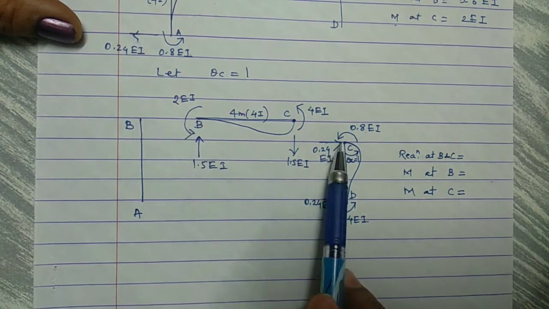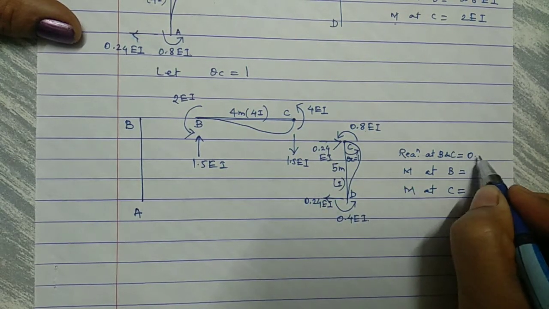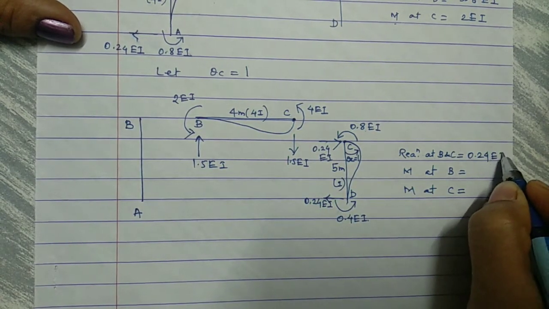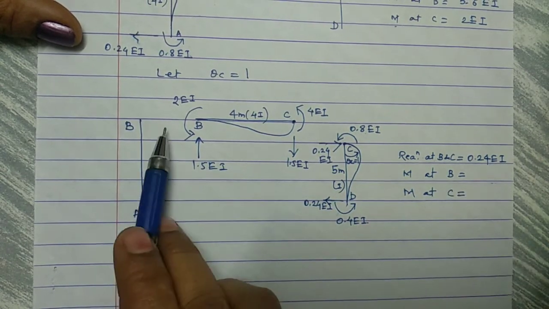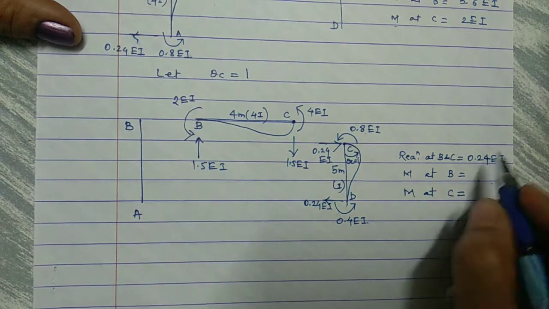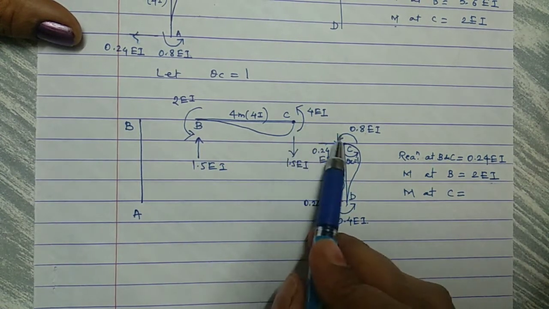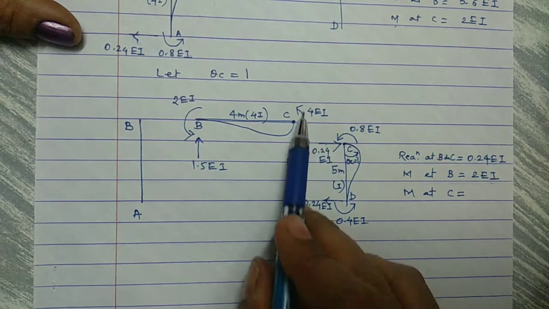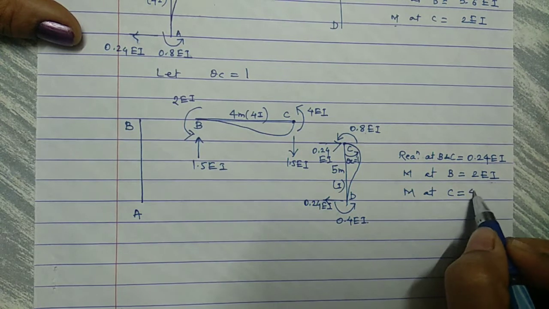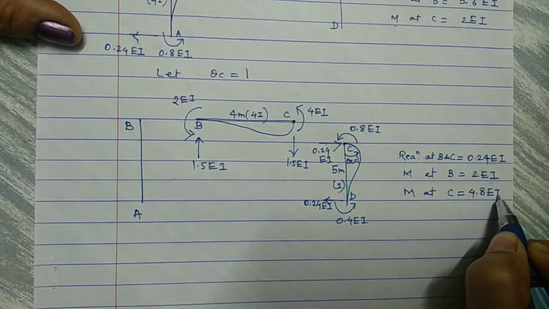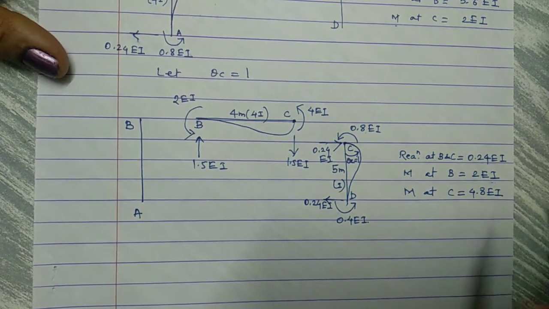In this figure, this is the only reaction that appears, and as it is in the positive direction, it is a positive value. Then moment at B, only this value is there, 2 EI. And moment at C, there are two values, both in the anti-clockwise direction, so 4 plus 0.8, 4.8 EI. So this will be your third column of the K matrix.